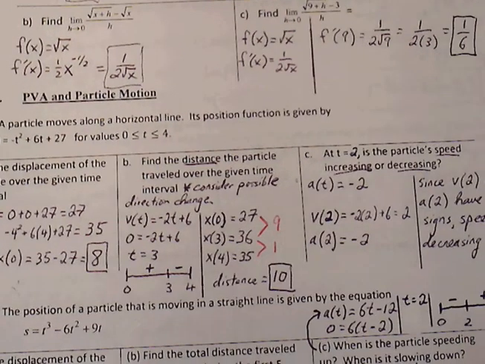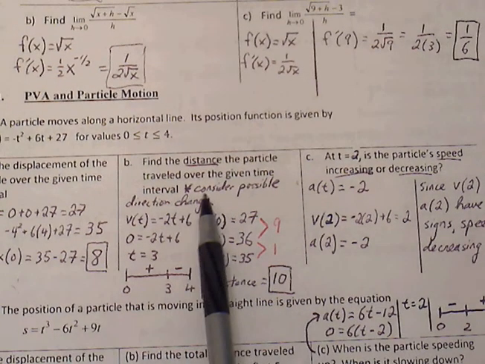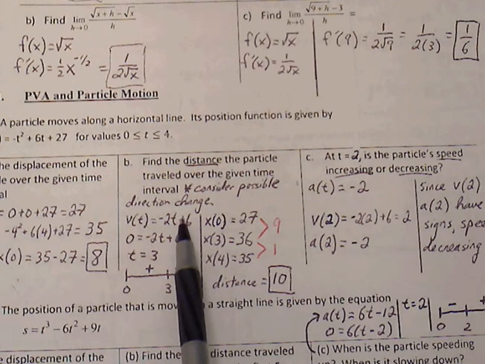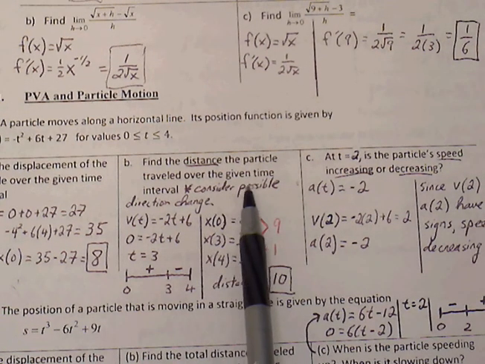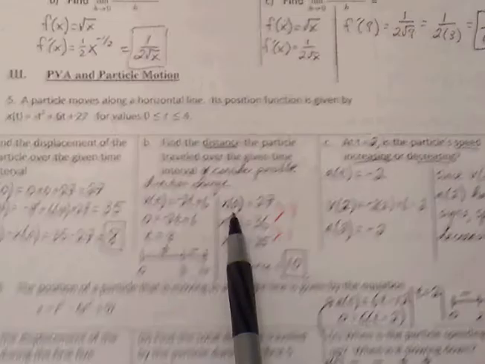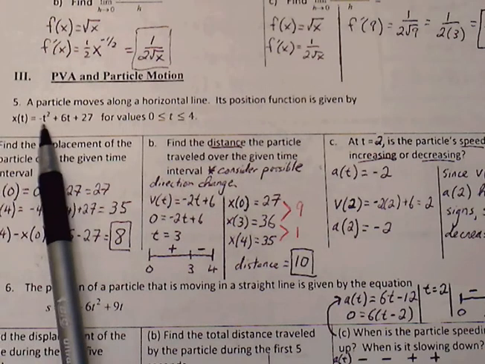Now to find the distance, this usually requires more work, because we have to consider that there is a possible direction change somewhere between the starting and end points. The way we can determine whether there is a change in direction is to first find the velocity function. We have the position function, so we go through the power rule, the appropriate derivative rule.